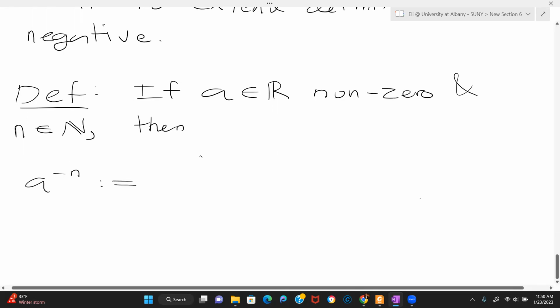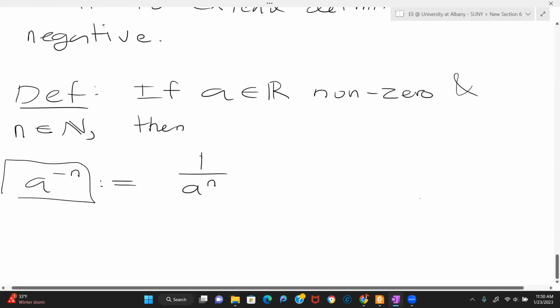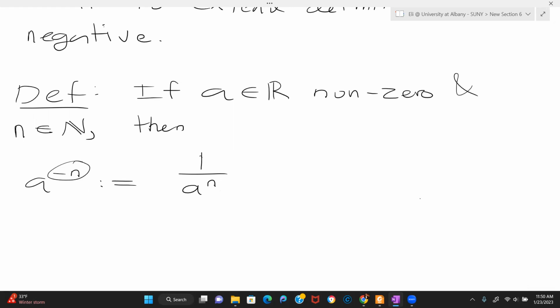Well, we're going to define it as follows. And this we know how to deal with, right? We know how to compute this, and that gives us a way of computing this right here. So negative exponentiation is an extension of positive exponentiation.